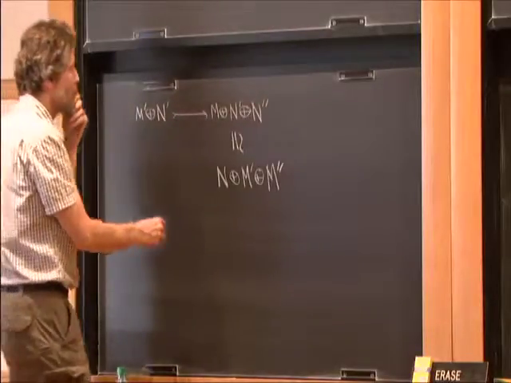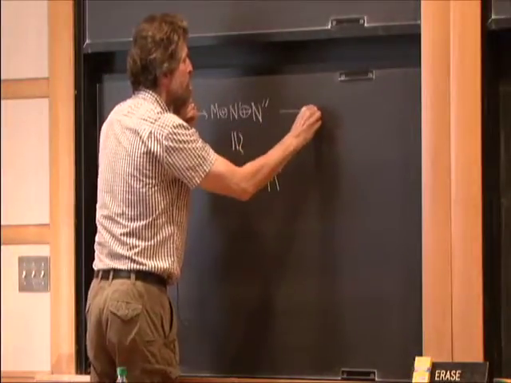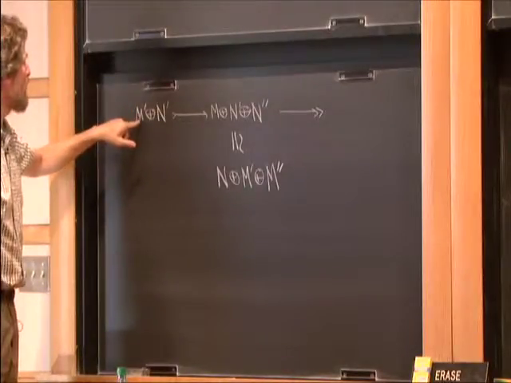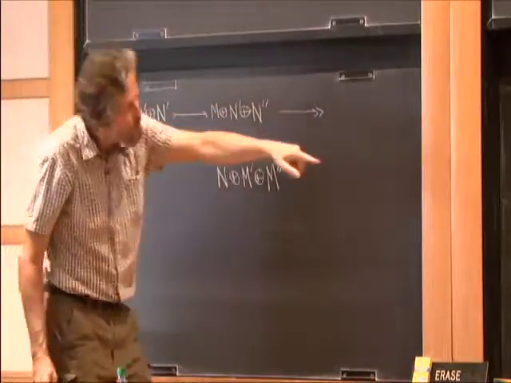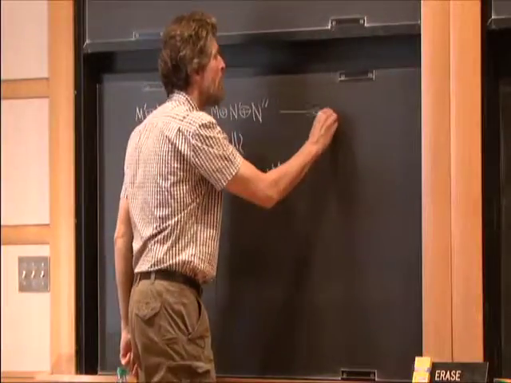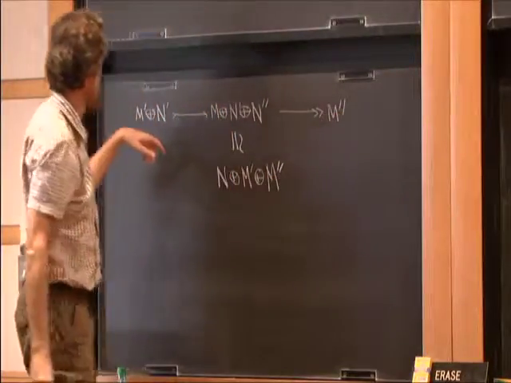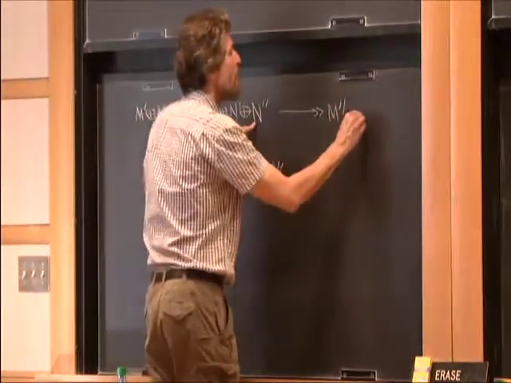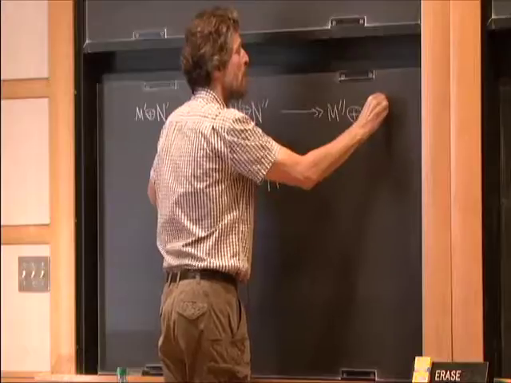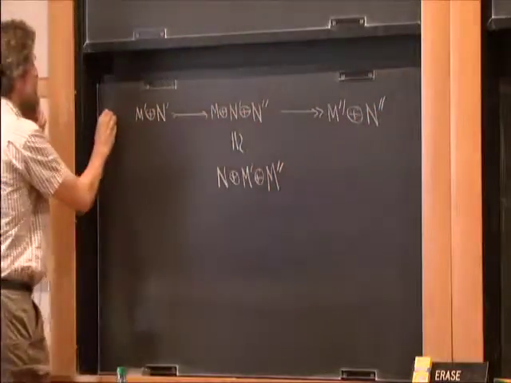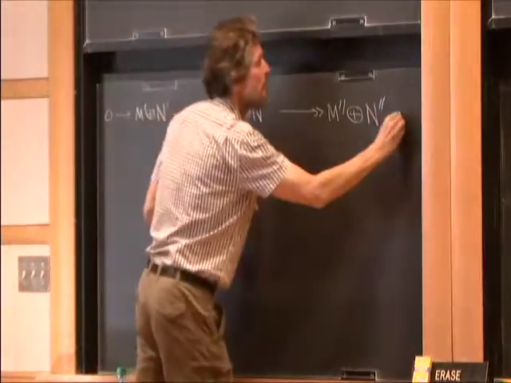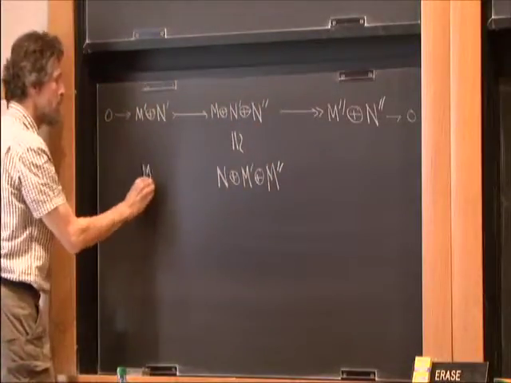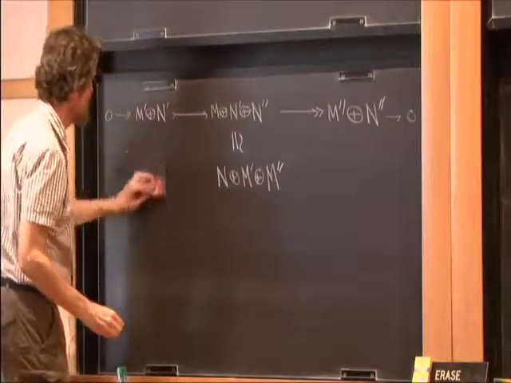So you do that, and then what's the quotient? Well, look at the part involving m prime and m. The quotient is m double prime. And then this n prime kills that n prime, and what's left over is n double prime. So there's a short exact sequence of our category. And now let's do the same thing down below. Let's do it the other way around though.